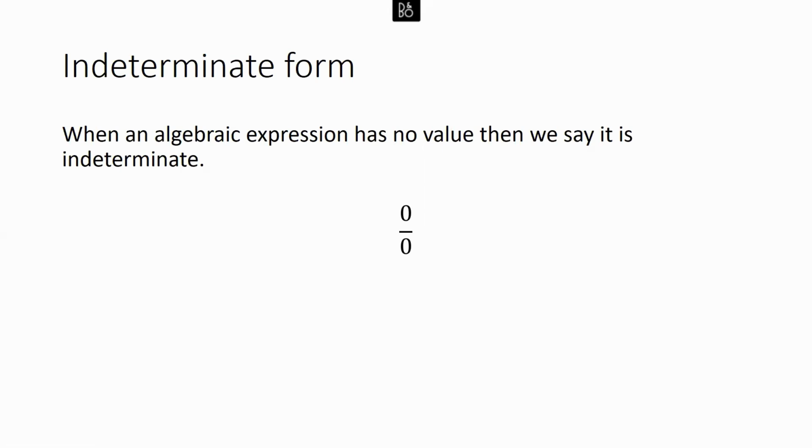It's basically when an algebraic expression has no value that you can calculate. So we say it's indeterminate. I'm giving a very loose definition of indeterminate. I'm not being very precise, but the one that we're going to look at here is the 0 over 0 example. So 0 over 0, you should know, is an indeterminate form. There are others that we're going to see later on.